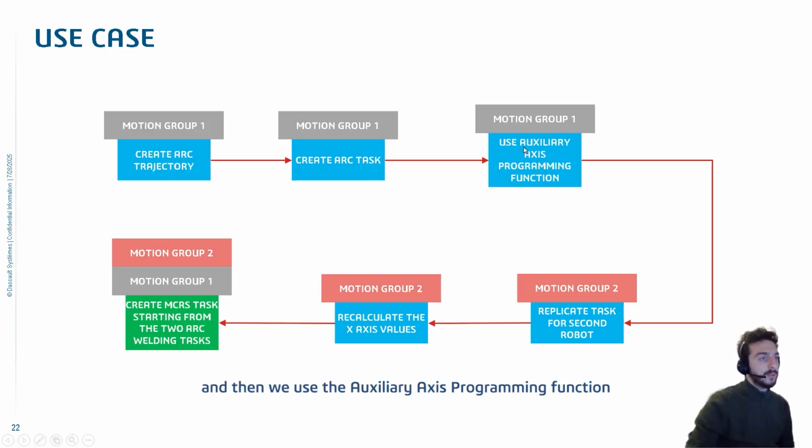And then we use the auxiliary axis programming function to program the gantry and the positioner. Then for the second motion group, we're going to replicate the task that we previously created for it, and then recalculate only the x-axis values. Then we create an MCRS task starting from the two arc welding tasks.